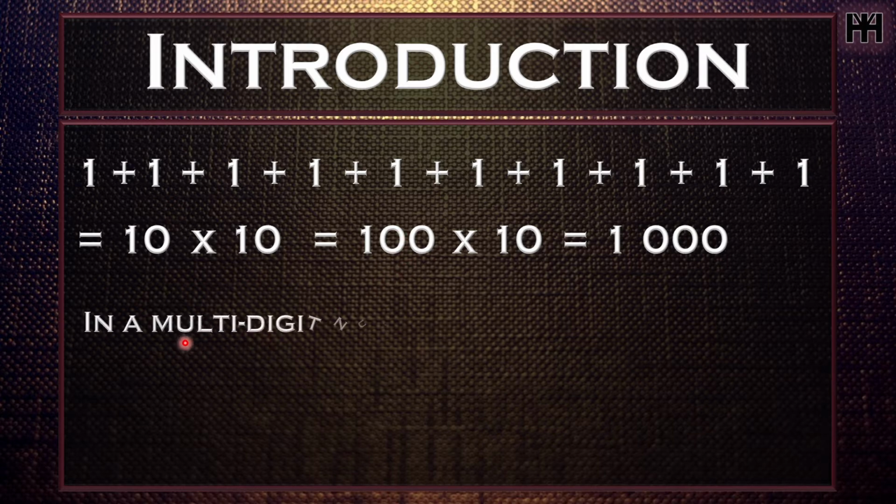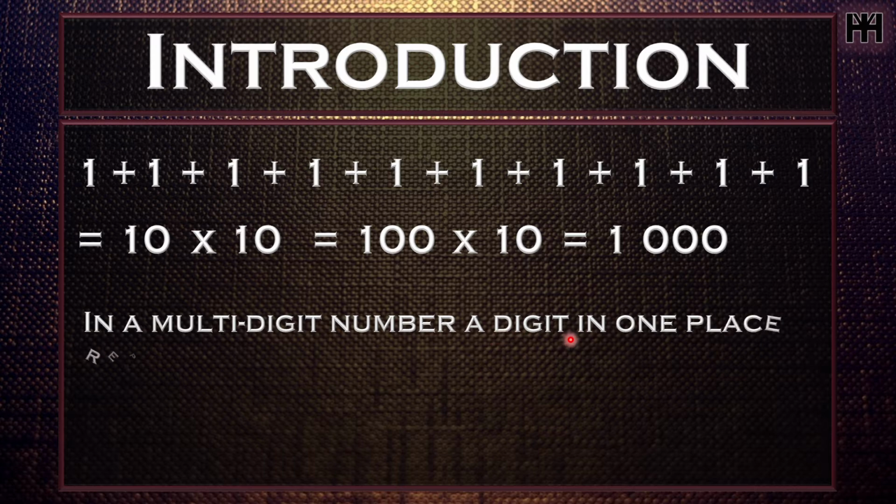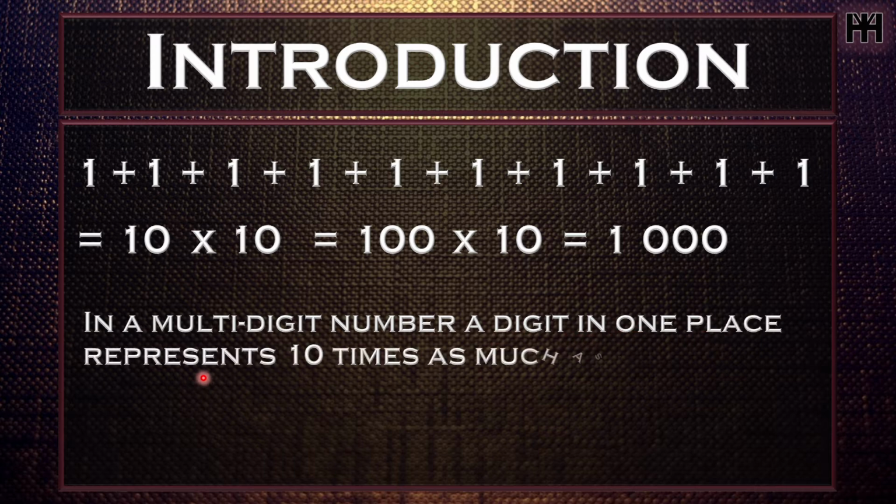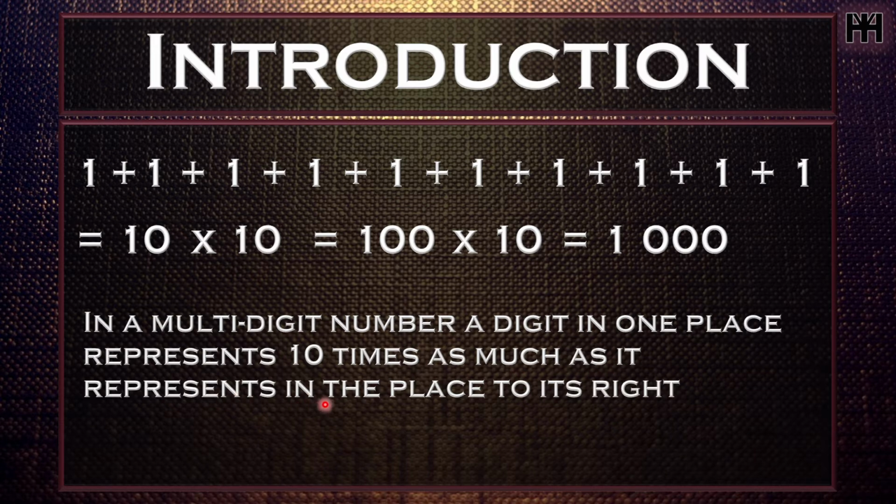In a multi-digit number, a digit in one place represents 10 times as much as it represents in the place to its right. So let's take an example here.